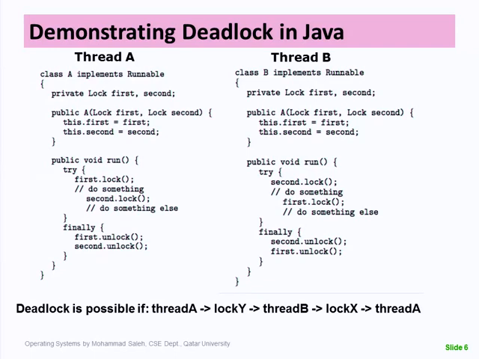Then you run these 2 threads. What we want is that one thread will request a resource, and the other is supposed to request the opposite resource. So if thread A requests a resource first, then the very first resource to be requested by thread B is the second resource. Then we want to implement the context switching, so we're going to have a sleeping time between the requests of the first resource and the second resource.